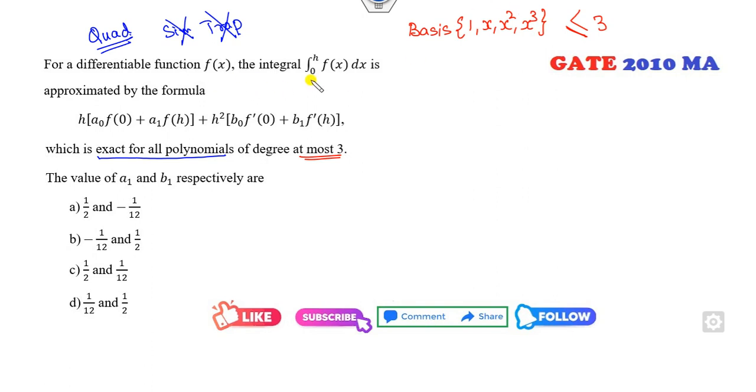Fine. Now what is the h value? Is the answer dependent on the h? No. So I can simply choose h as 1. Fine.